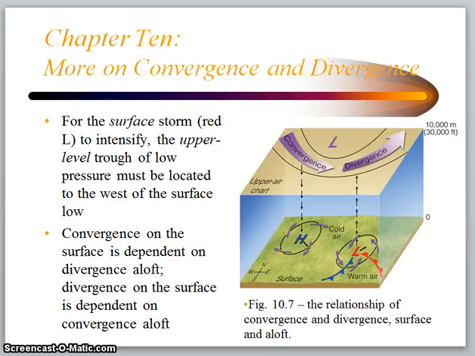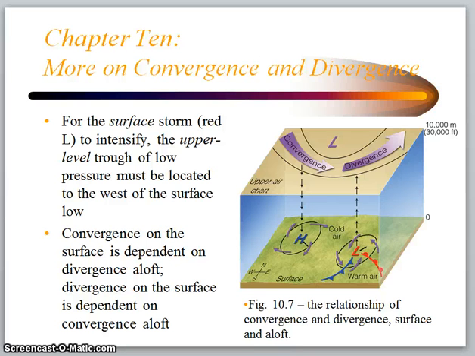For the surface low pressure to develop rapidly, to intensify, the upper level trough of low pressure pretty much needs to be located just to the west of the surface low. You can see how the upper level purple L is not lined up with the lower level red L. That's what you want in order for the surface red L, or low pressure system on the surface, to have significant convergence or coming together of airstreams to then move upward in response to rapid pulling apart aloft, or divergence, of airstreams.